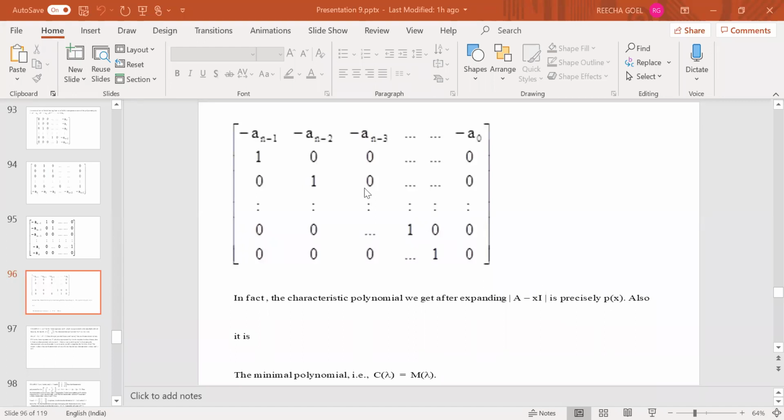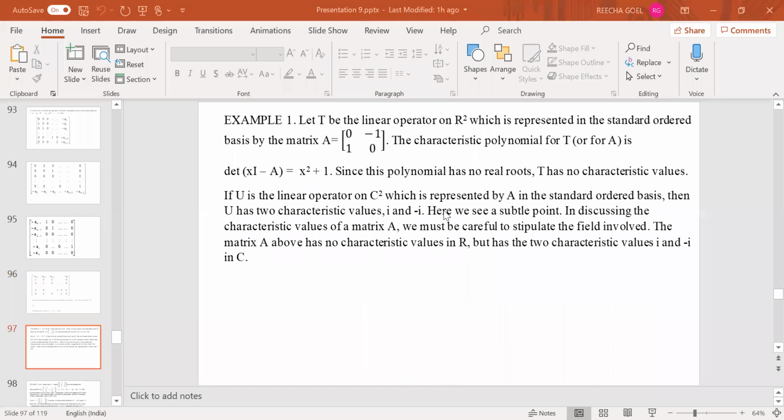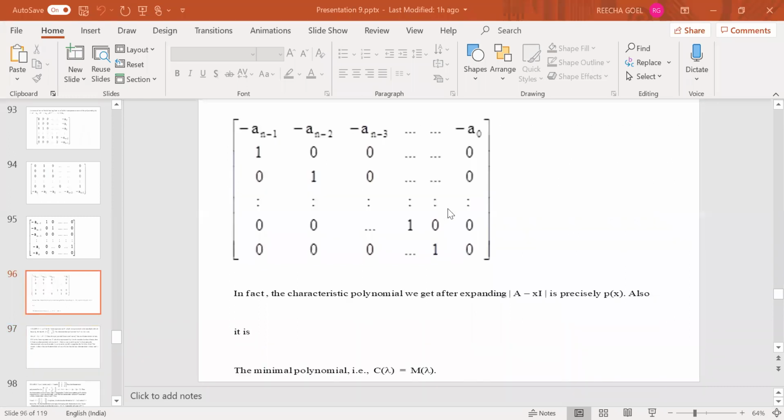So that way I can get the minimal polynomial of the given matrix. Many times this concept is used in solving problems. Okay, so this was another concept which was required while considering these Jordan forms.